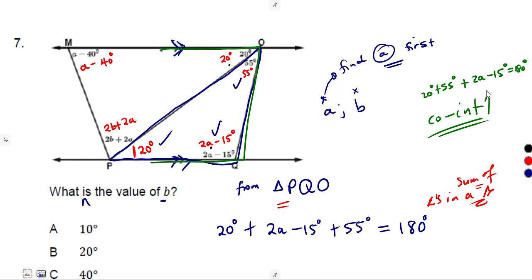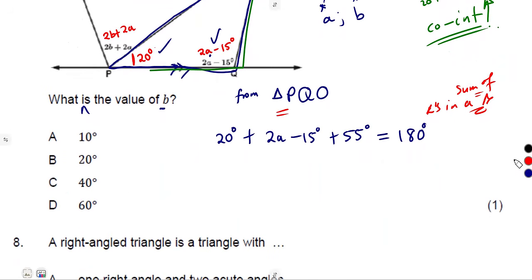But the reason is co-interior angles. As you can see, it is the same equation. So you can form the same equation from different reasons. You can use co-interior angles, or you can use sum of angles in a triangle. It is up to you. All right, so let us continue with this one that we have used in the first place.